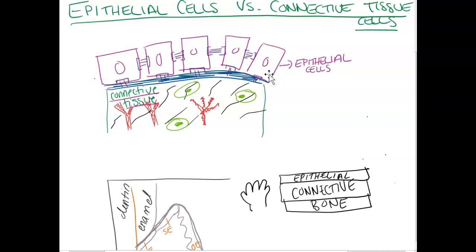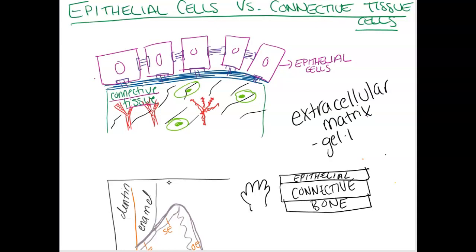The next thing I want to point out is something called the extracellular matrix. I'm just going to write this down because I know it's a mouthful. The extracellular matrix is basically a gel-like substance. I'm going to show this to you over here.